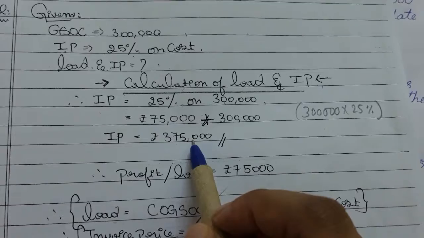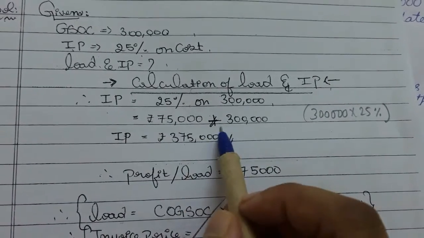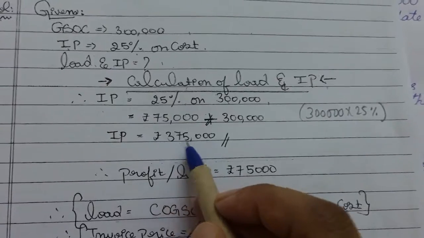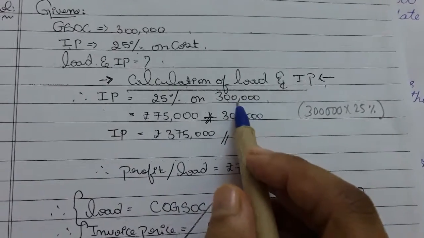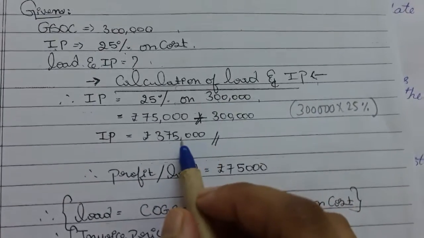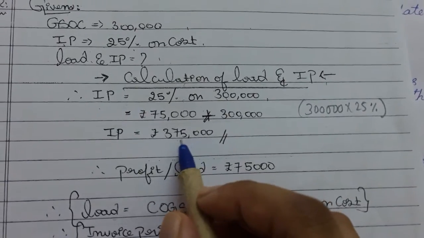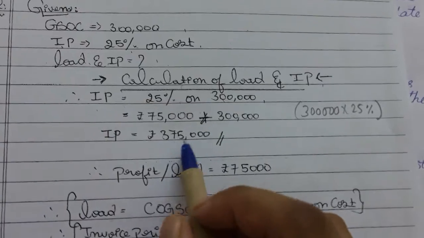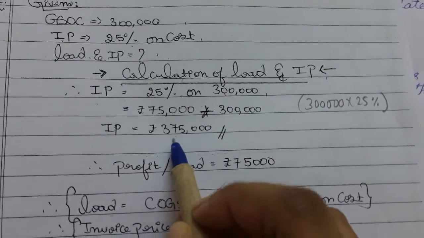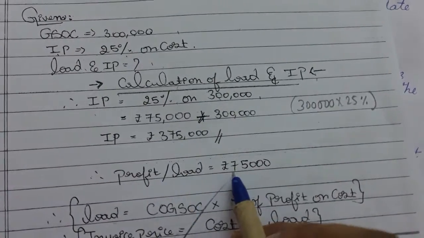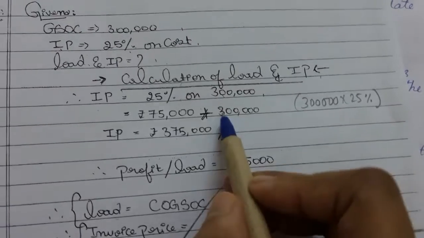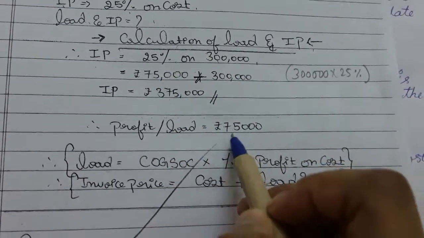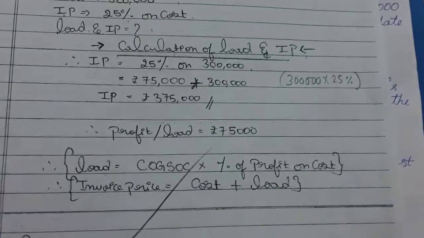The total invoice price, the worth being sent to the consignee, is 3,75,000, while the cost is 3 lakh, but for sending to the consignee it is stated as 3,75,000, which includes profit. So invoice price is 3,75,000 and profit is 75,000.